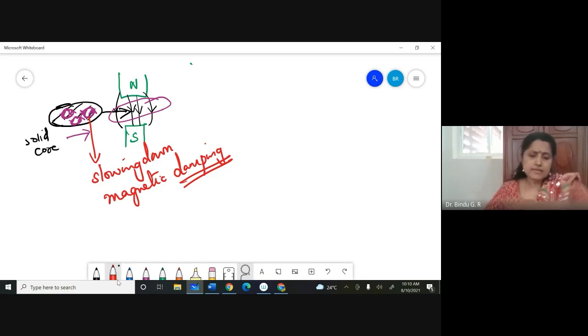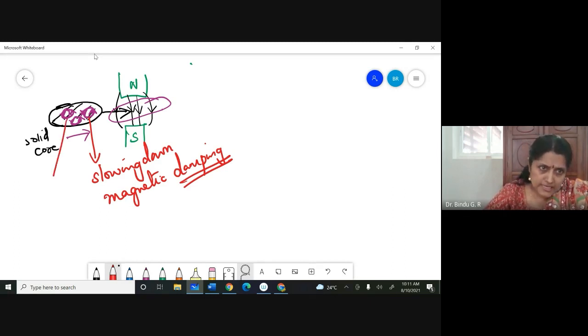Suppose you are asking a pendulum to move within the magnetic field, the pendulum will find it slows down, and once it moves away from the magnetic field, it again becomes faster. Again, when it comes down, it comes fast, but within the magnetic field, it slows down, and then it goes up. All because of this electromagnetic induction and these currents, there is an opposition to this movement. This is called magnetic damping.